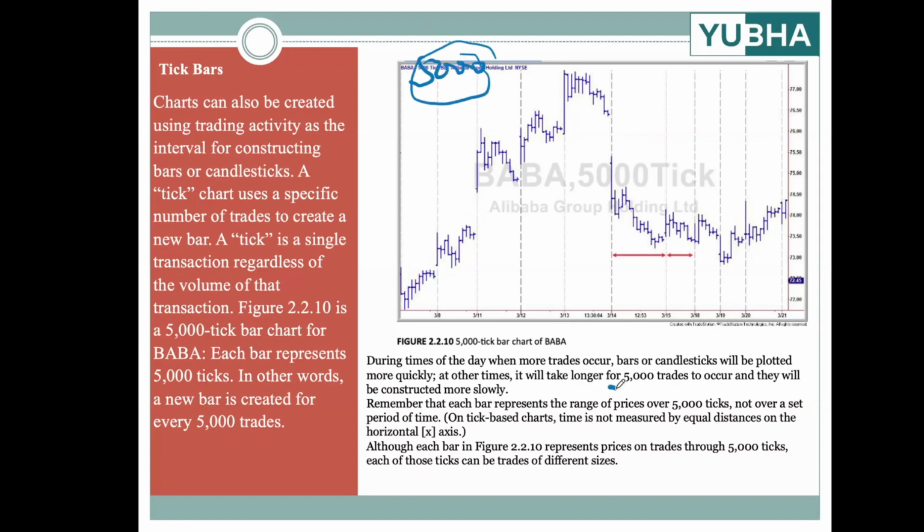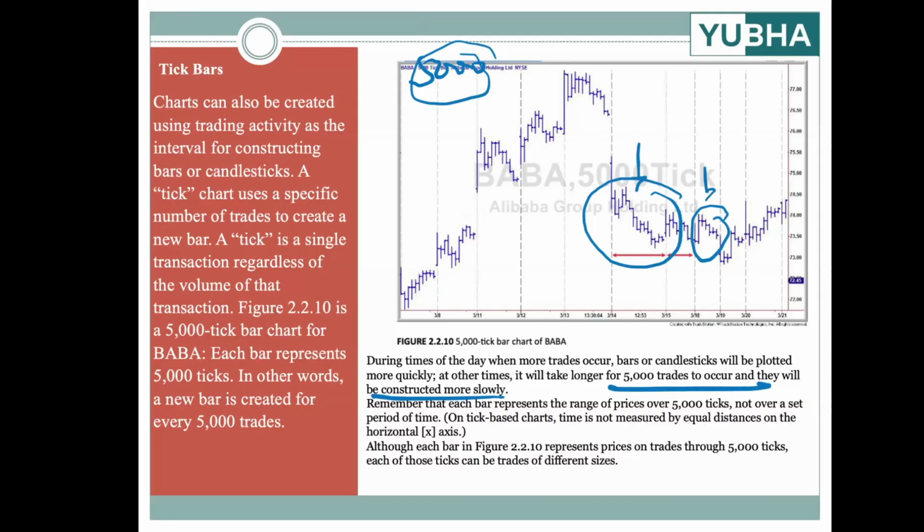These are the 5,000 trades that have been taken. On days that you do not have a lot of volume or a lot of trades, you'll have fewer bars like this particular day, but on the days that you have a lot of volume and a lot of orders, you'll see a larger number of bars.